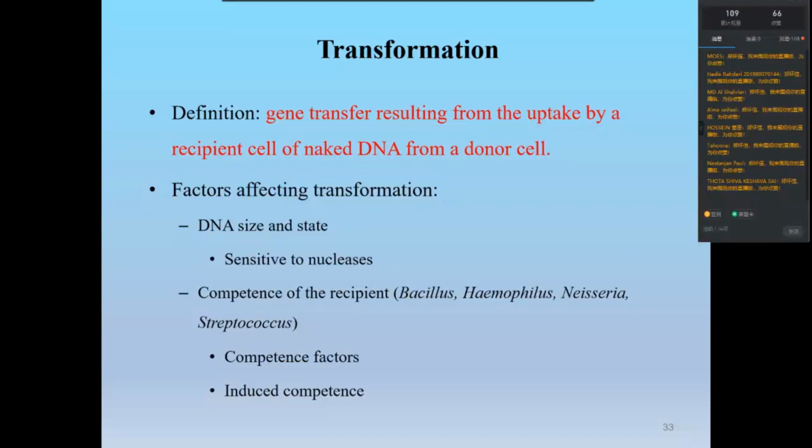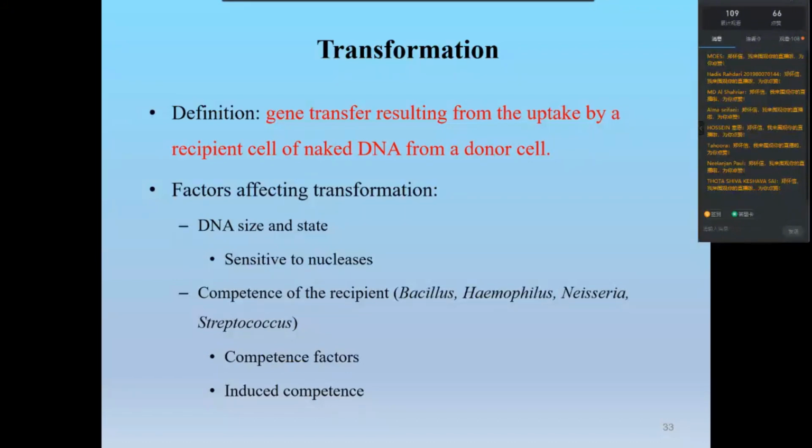We need to think about the competence factors and what factors can influence the competence. For example, the growth state of the recipient cell. If the recipient cell is at its log phase, that's what we learned from the growth curve, when they are fast dividing or replicating, that's a good state for the recipient cell, with a high competence.